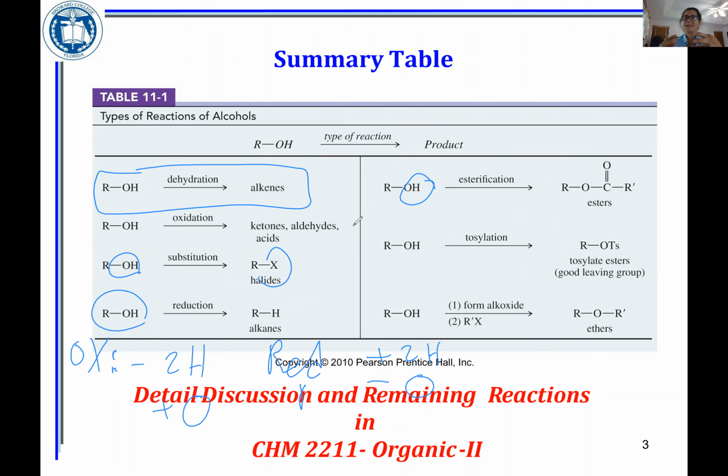It is a kind of combination reaction, because you're combining a carboxylic acid with an alcohol, which gives you an ester. Tosylation is a substitution reaction, and formation of an ether is like a 2-step reaction. We will talk about each one in detail.